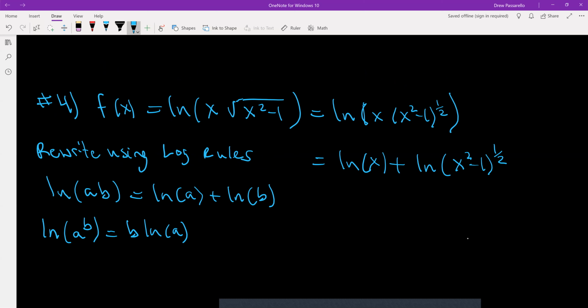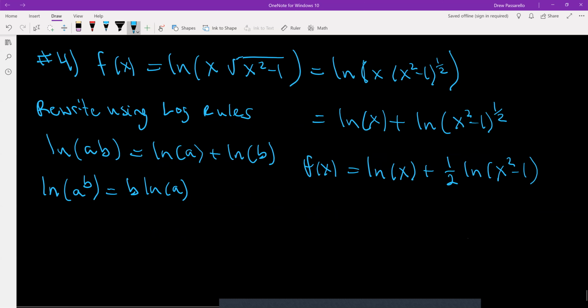Then I can bring the 1/2 in front of the natural log for the second one. So this is f of x is equal to natural log of x plus 1/2 times the natural log of x squared minus 1.